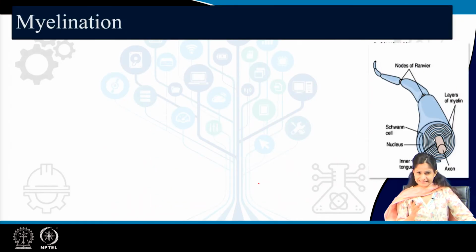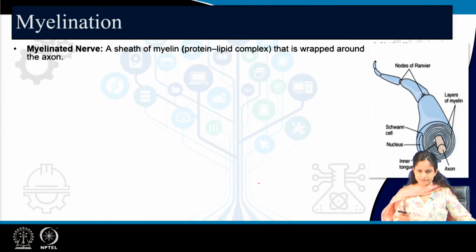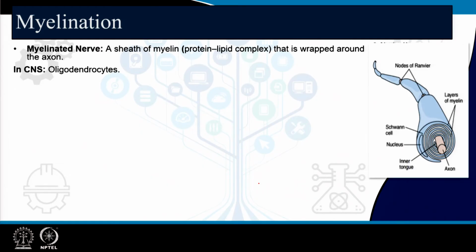Now myelination, I told you, is mainly done by the Schwann cells in the peripheral nervous system. Now this myelination, you can see, is a sheath of protein lipid complex.